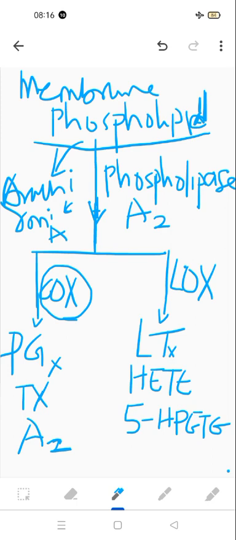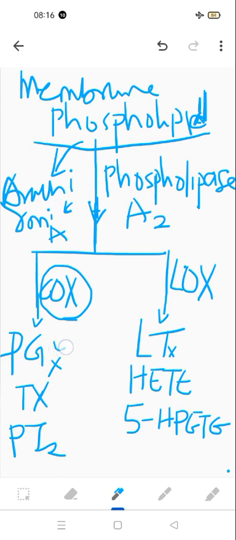There are two isoforms of this enzyme, cyclooxygenase 1 or 2. So the first pathway is the cyclooxygenase pathway, which gives rise to the formation of prostaglandins, which can be A, B, C, D, E, F, or gives rise to the formation of thromboxanes, or prostacyclins.